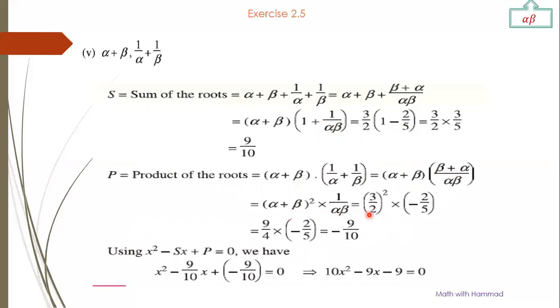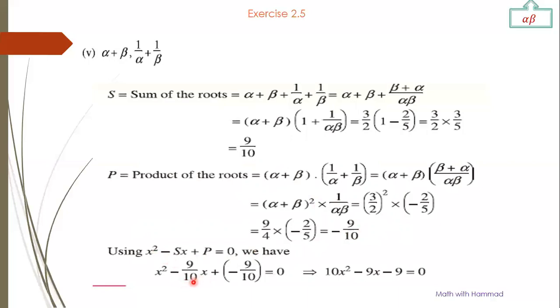Alpha plus beta is 3 by 2 and 1 over alpha beta means 1 over minus 5 by 2, that is minus 2 by 5 after reciprocal. 3 by 2 whole square is 9 by 4, multiplied by minus 2 by 5, and this 2 cancels out with this 2, we have the final answer minus 9 by 10. So S is 9 by 10 and P is minus 9 by 10. Replace in the standard form x square minus Sx.